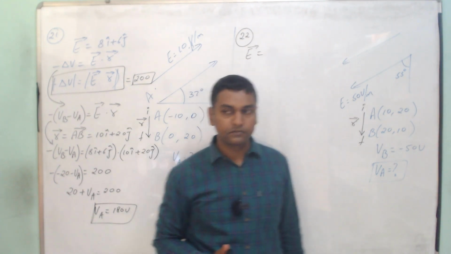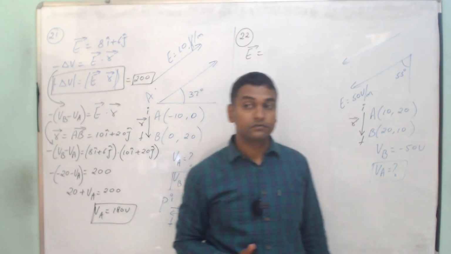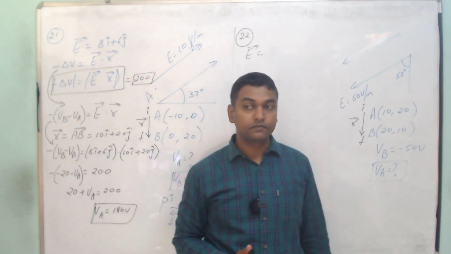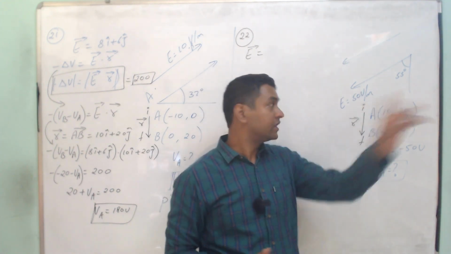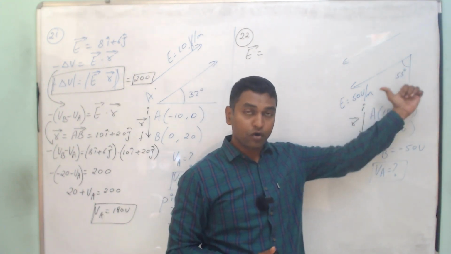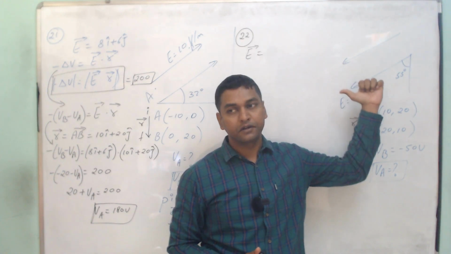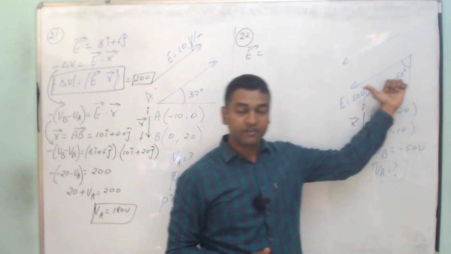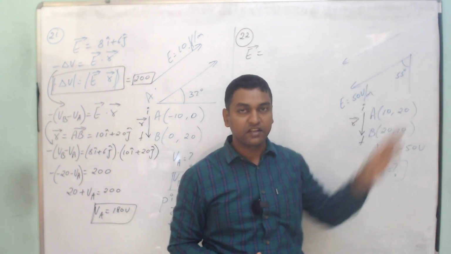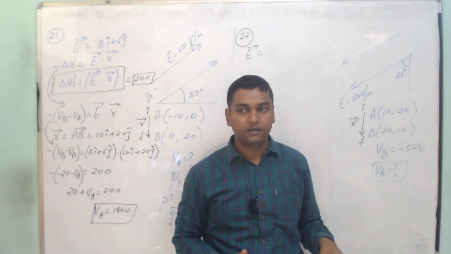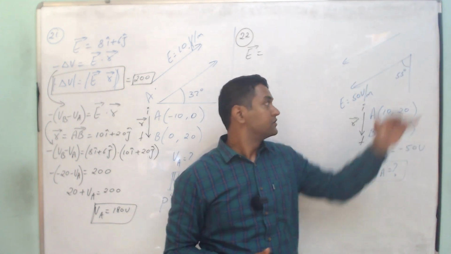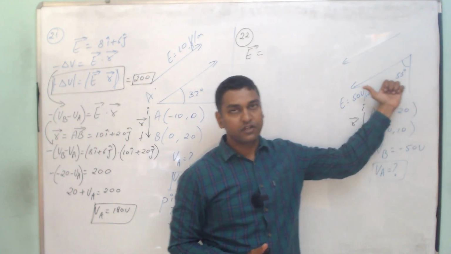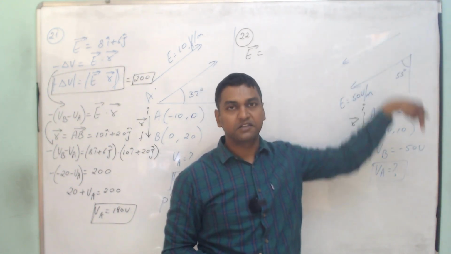Bigger angle represents the opposite side to be bigger. Obviously, the opposite will take 40 and the adjacent will take 30. So this will be minus 40 I cap minus 30 J cap.